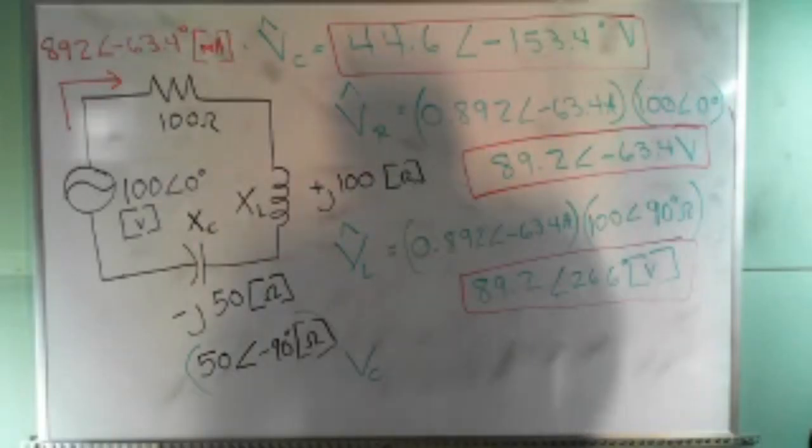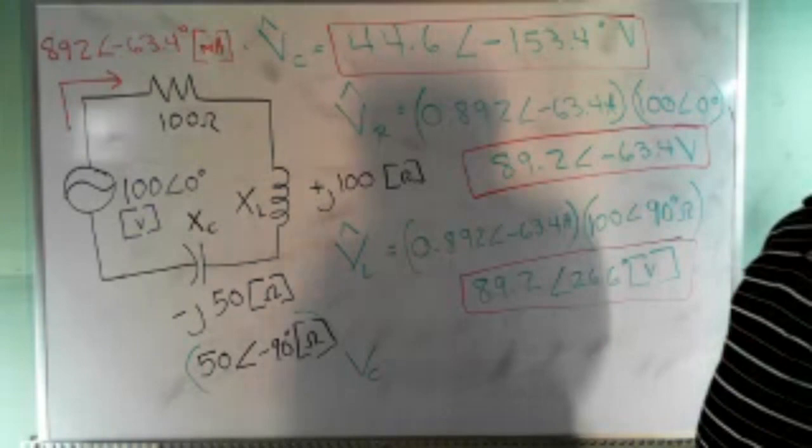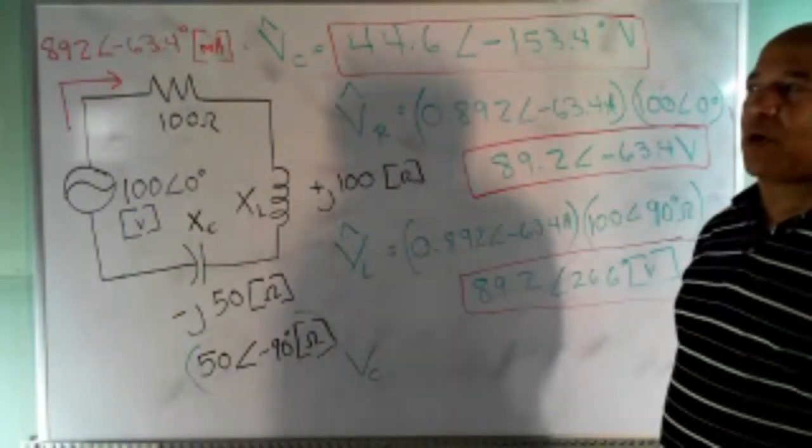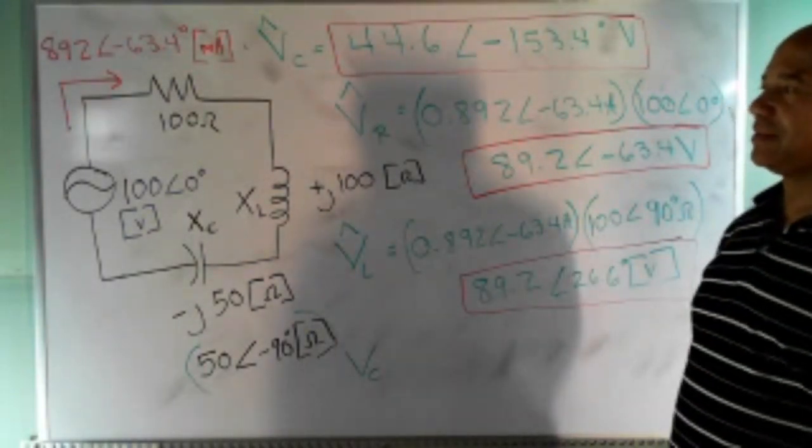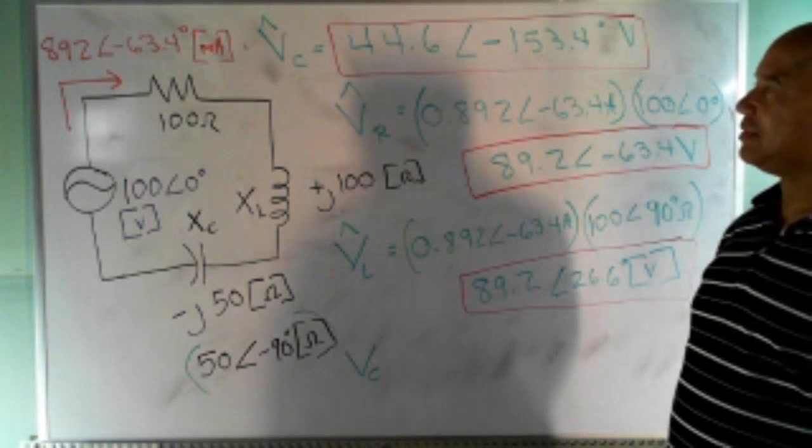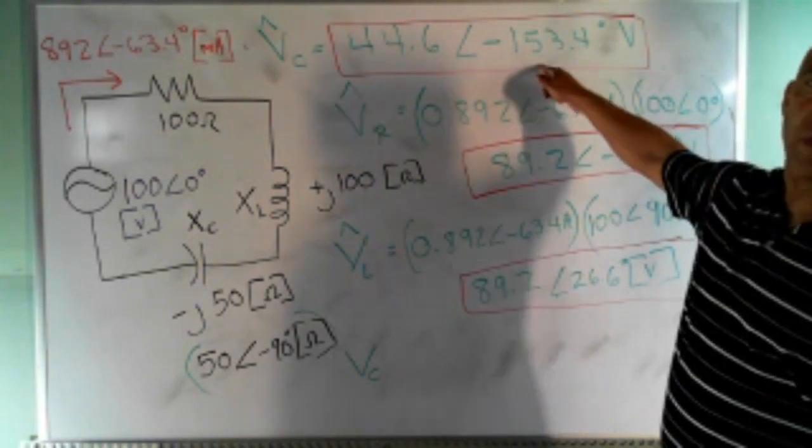Is it because the inductor is inverse to the resistor? Okay, good guess. When we add complex numbers, what form do we need to be in? You can't add them up in polar form. It won't work.